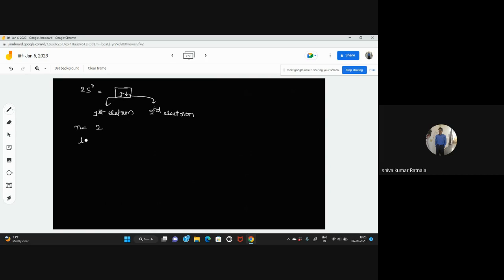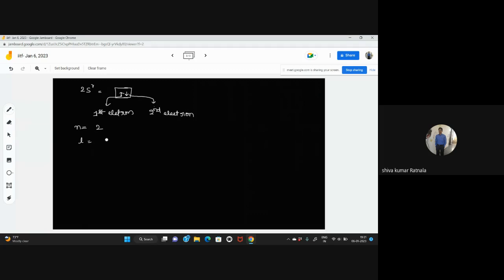And what is the l value? It is 0, because it is an s orbital.